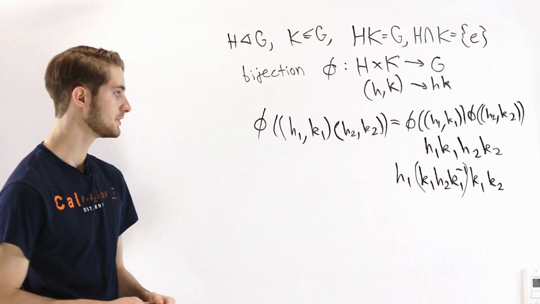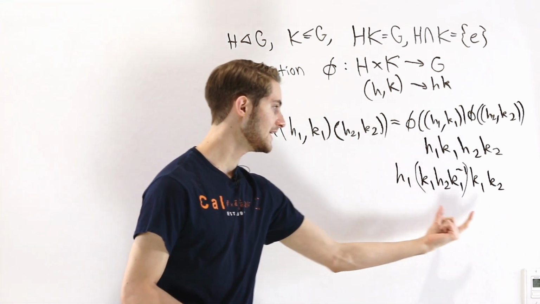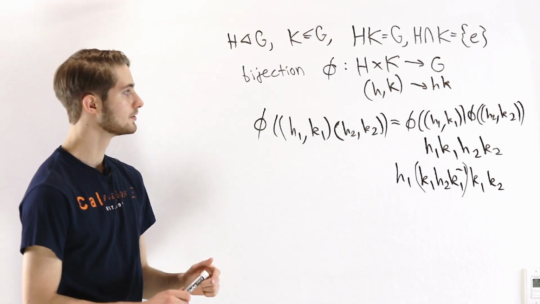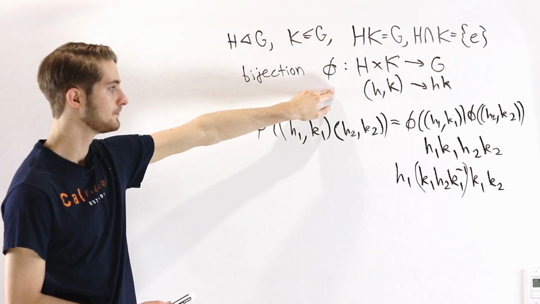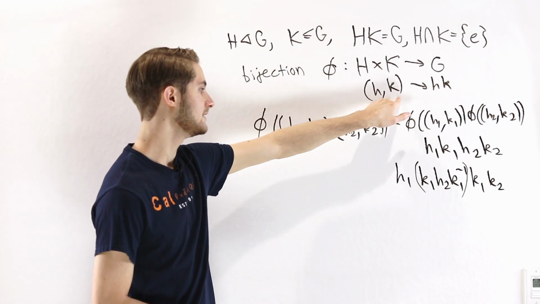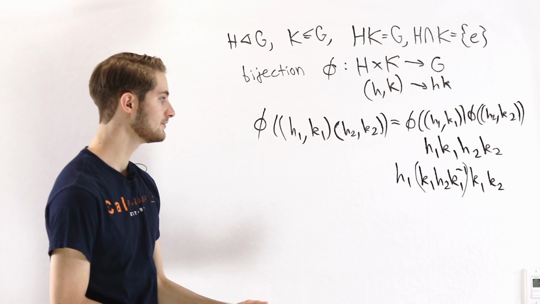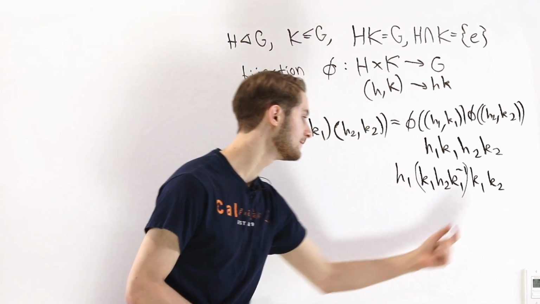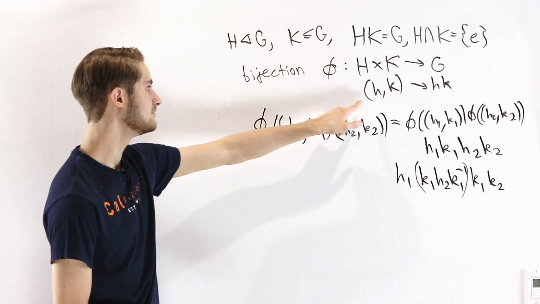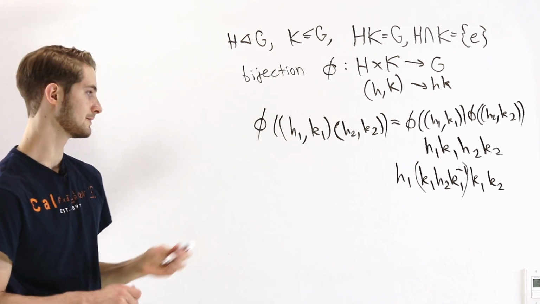Now here's why it's important that we can write this as a product of something in H and something in K. The reason is if we look at our map phi, phi of H comma K is equal to H times K. So if we have a product that's of the form H times K, we can write it as phi of the first part, comma, the second part.